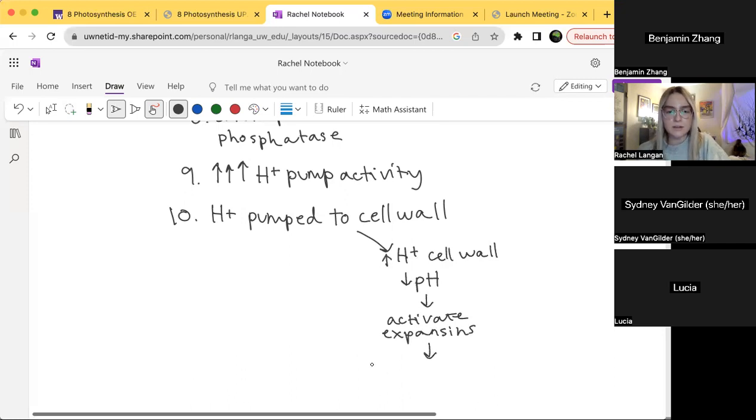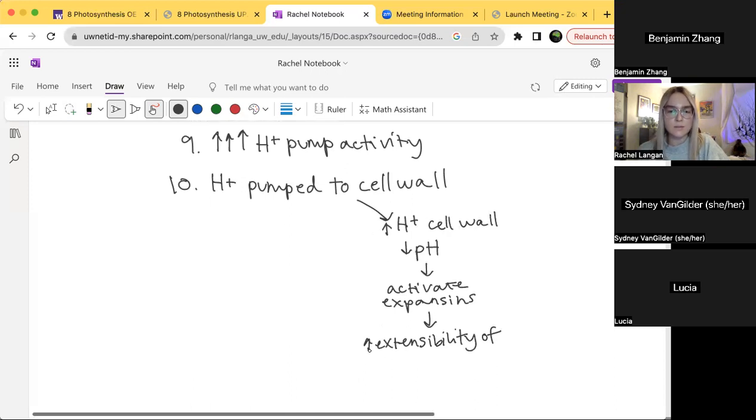And all of that is going to increase the extensibility of the cell wall. We're breaking up bonds, breaking up parts of the cell wall, making it more likely to expand.